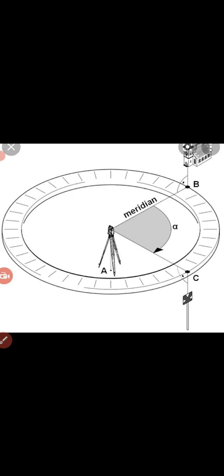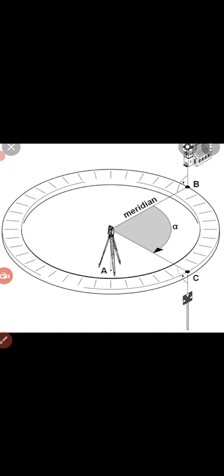Then clamp the upper and loosen the lower clamping screw. Direct the telescope to sight the ranging rod at the leftmost point, that is B in this case. Sight or bisect the ranging rod at B exactly.